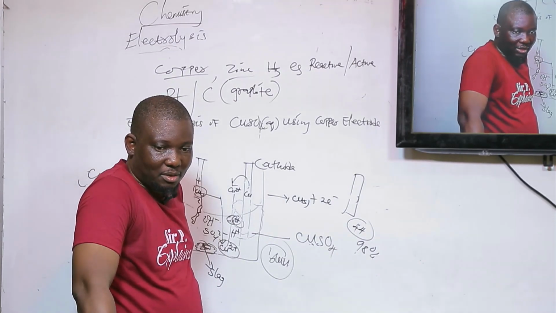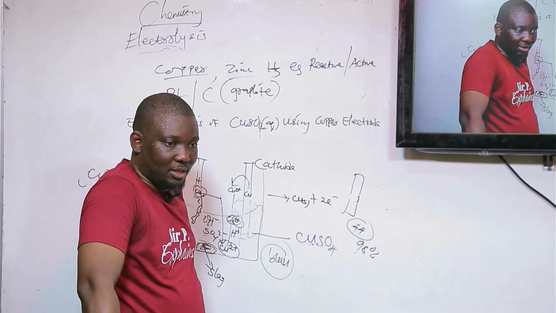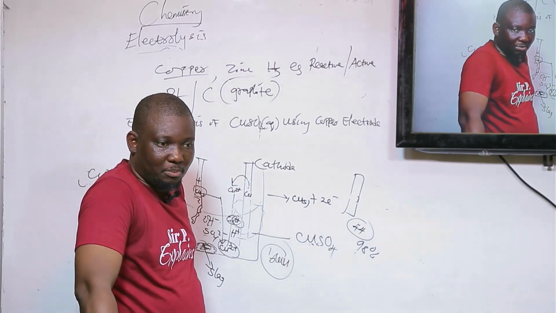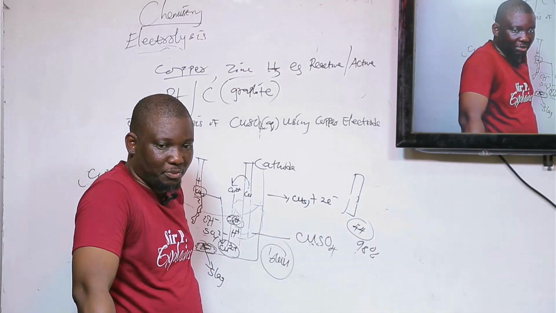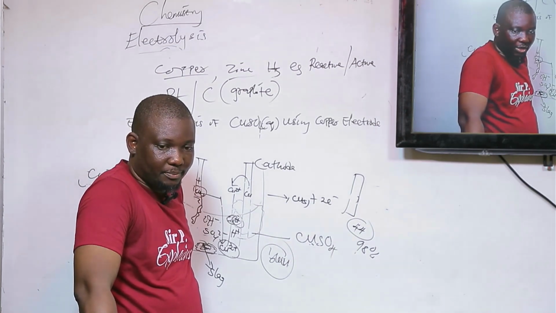These are the things Michael Faraday was trying to explain. We can't talk about electrolysis without mentioning Michael Faraday. He put forward two laws to explain all these mechanisms, one after the other.